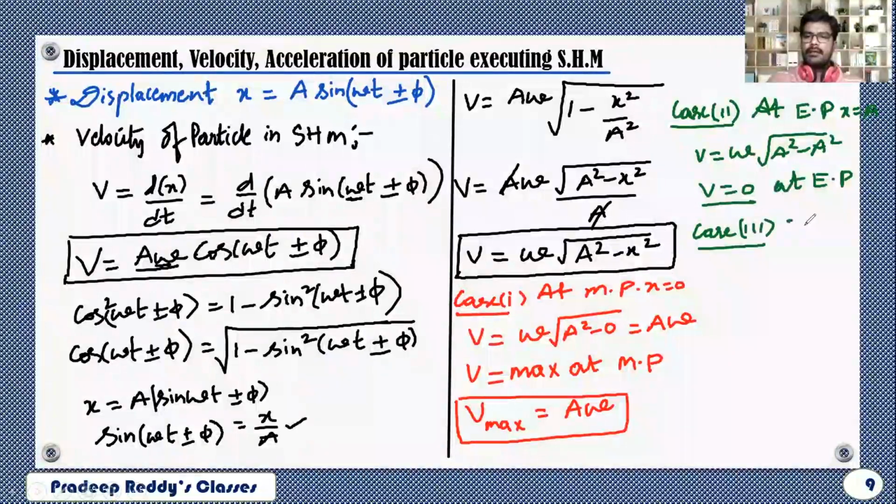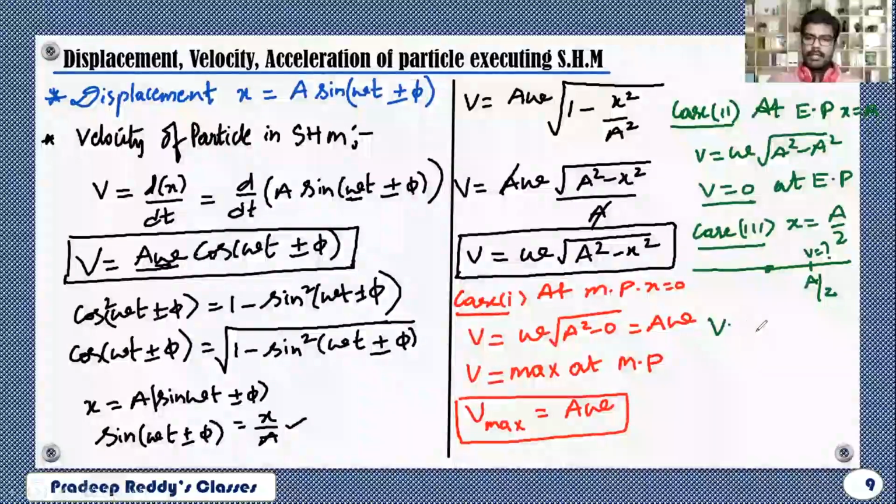let me take when x is equal to a by 2. That means at half of the displacement of the particle, x is equal to a by 2. That means in between mean position and extreme position, if the particle is here, we want to find out the velocity of the particle. X is equal to a by 2. So in order to calculate this, what will you do? Just in this equation, put x is equal to a by 2.